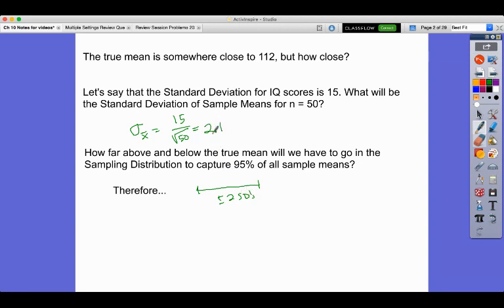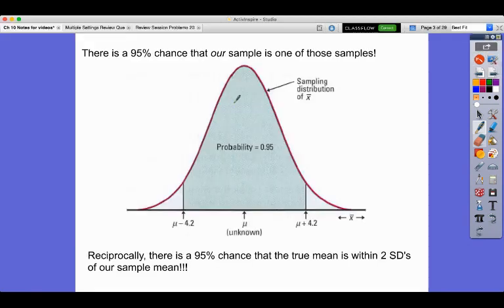So there's this unknown mu, and if we go plus 2 of those standard deviations, 2 times 4.2, and minus 2 times 4.2, we get this range of numbers where 95% of all samples will be. So many x bars, 95% of them will be somewhere in here, and 5% of the time they'll be somewhere out here.